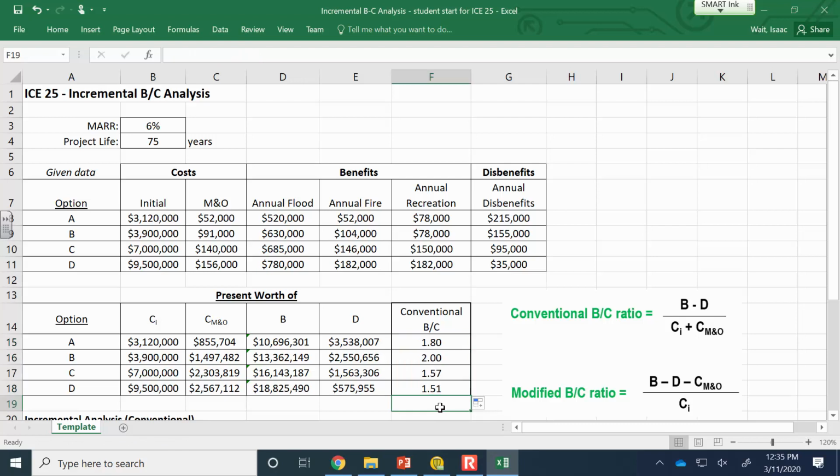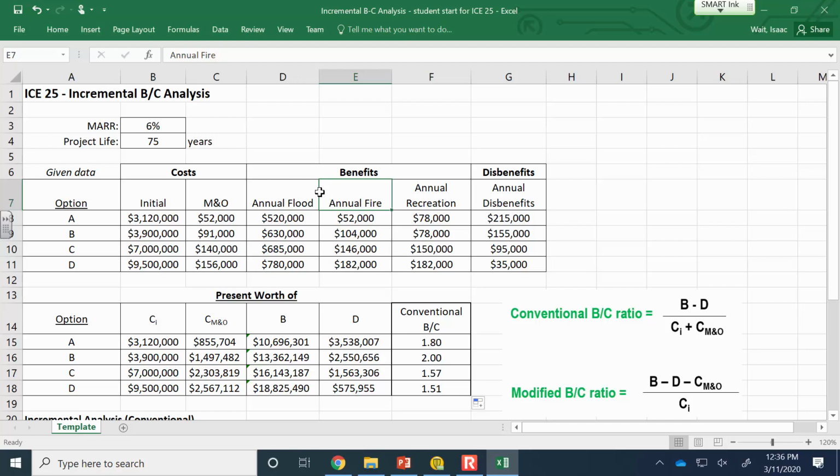So it looks like all three of these options are potentially acceptable. Like all of them give us more value than cost. And the value is that it's providing flood protection because it's preventing flooding. This reservoir is a location, a source of water for fire protection.